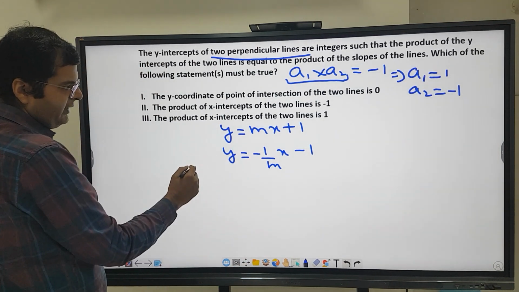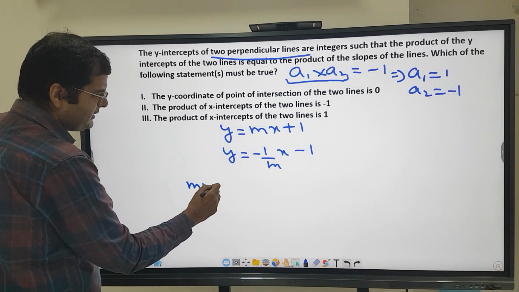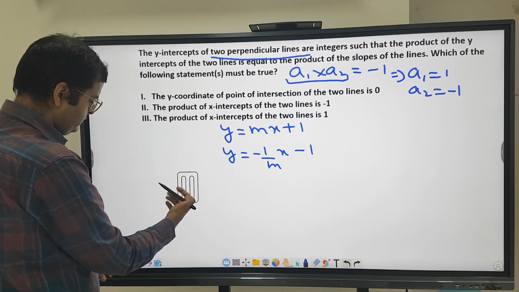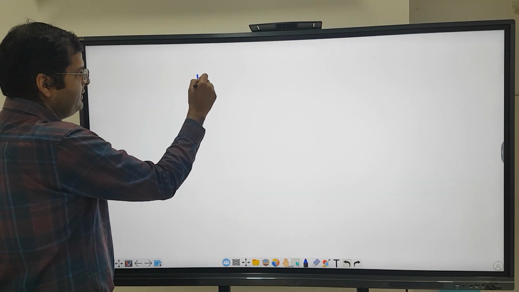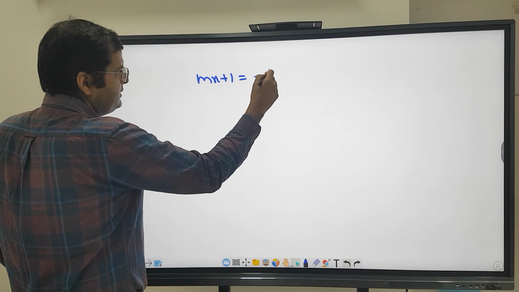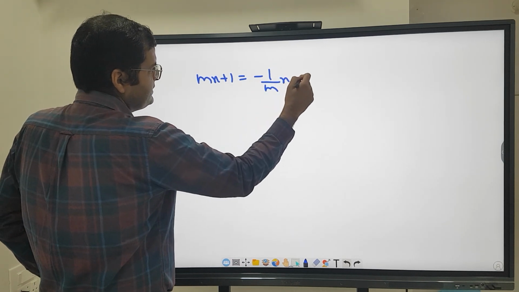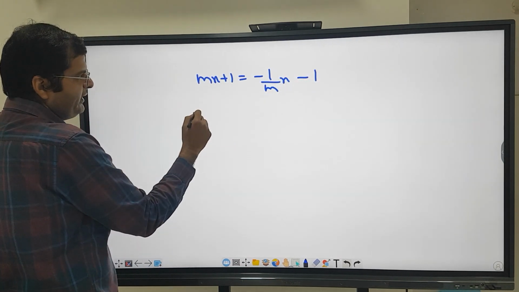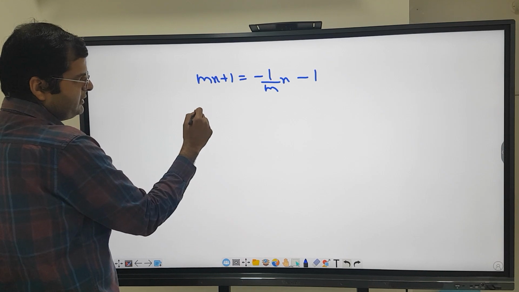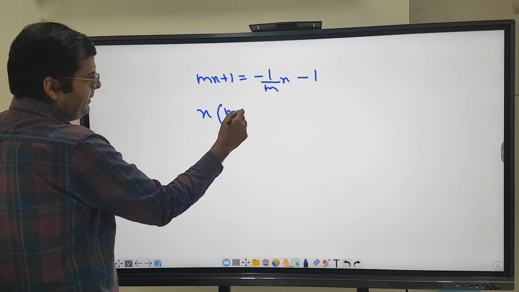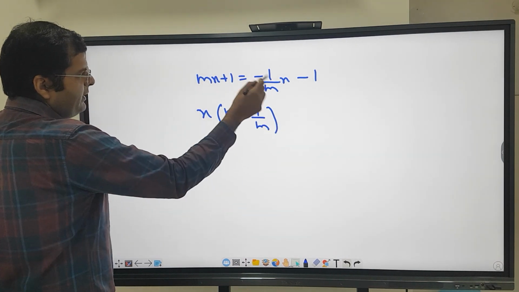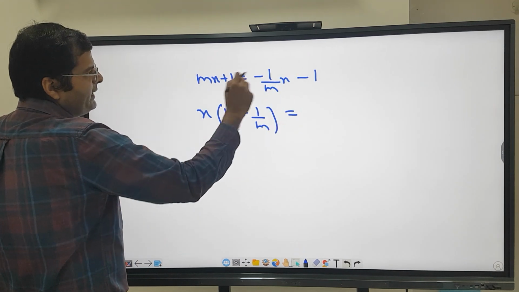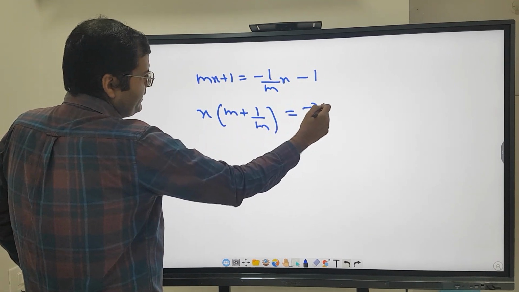So now over here I can write mx + 1 = -(1/m)x - 1. So if I take x over here as the same, this becomes x into (m + 1/m), and this is -1 - 1, which is -2.